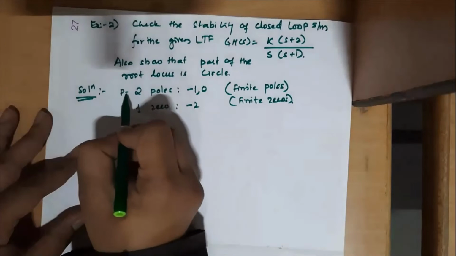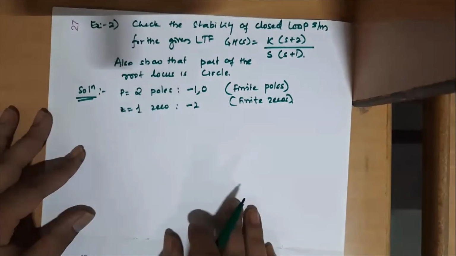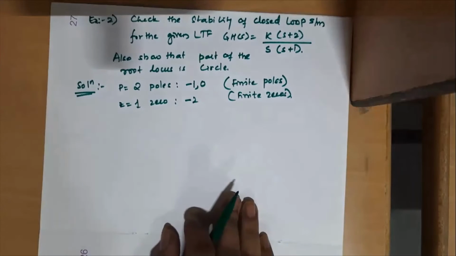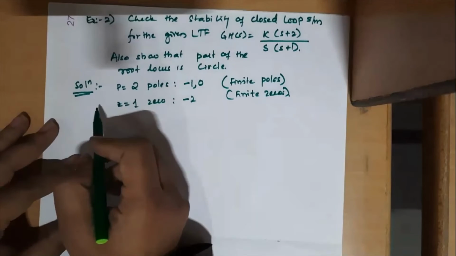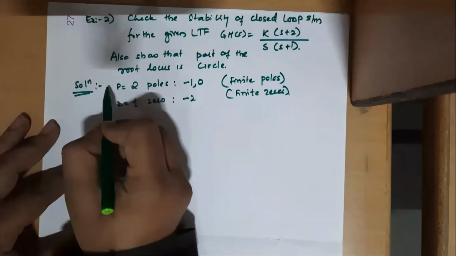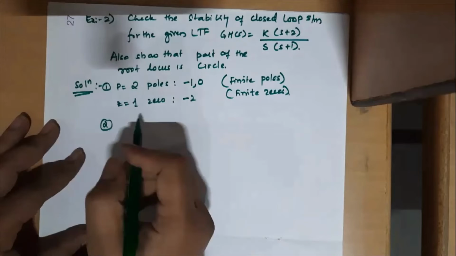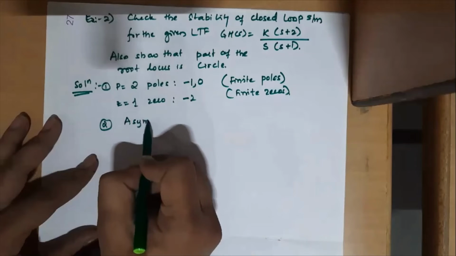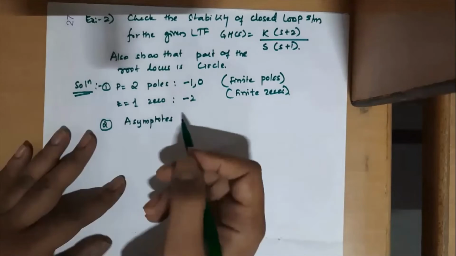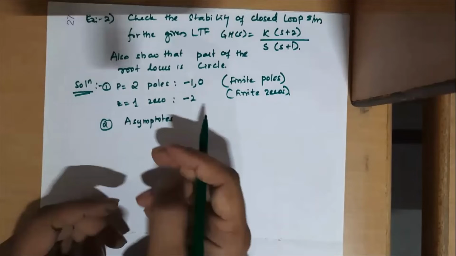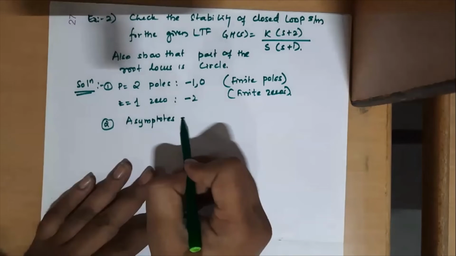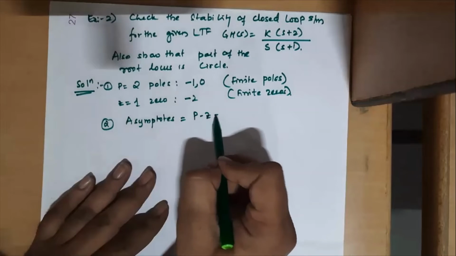So I'll take this as capital P, this as capital Z. That is step 1. Step 2 is number of asymptotes. How many asymptotes? Any guesses? One asymptote, because P minus Z is 2 minus 1. There is only one asymptote.